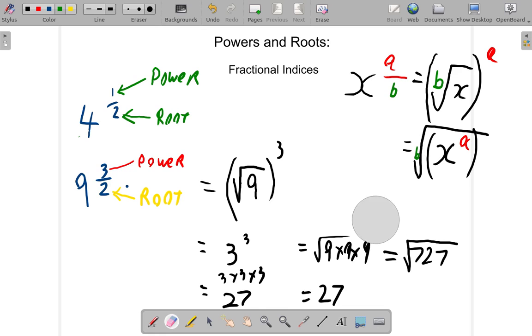Let me erase some of this. This looks a little tight here. Let me redo this part. Finding the b root of x. a is the power, b is the root. Let me write a little bigger too.